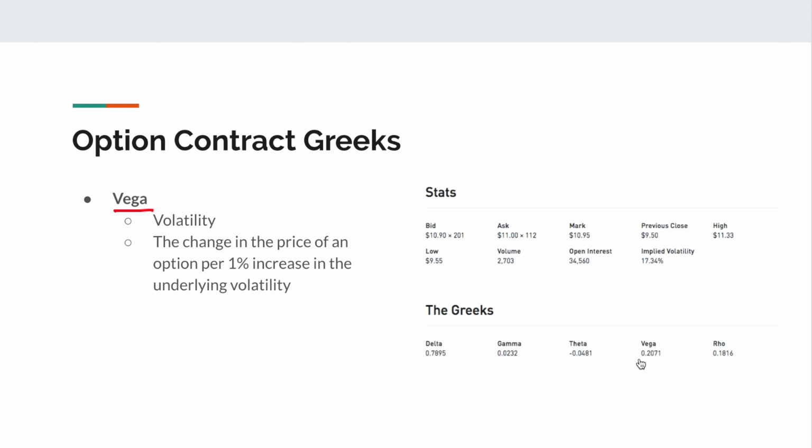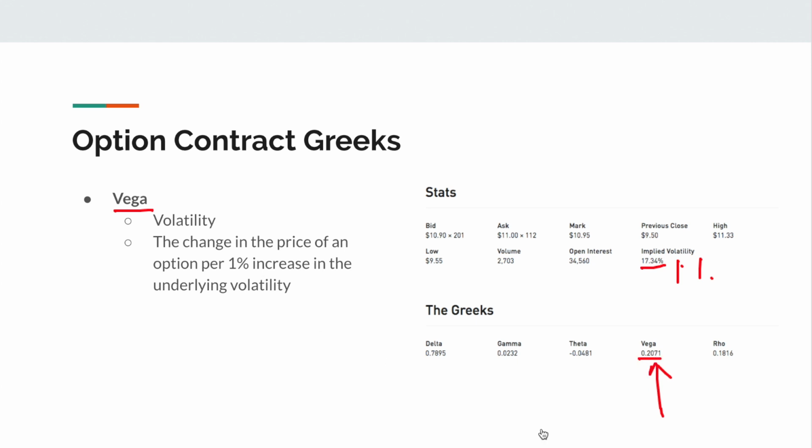If vega is 0.20 in this case, and volatility currently is at 17.34%, if this volatility goes up by 1%, 1 whole percent, then your option contract, as a buyer, not a seller, will go up by $20 because now you have a higher implied volatility. Remember, we talked about volatility thoroughly in the beginning of this chapter, how volatility is directly related to the price of an options contract.